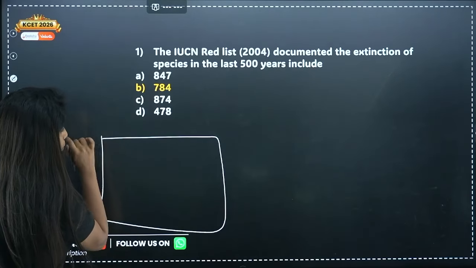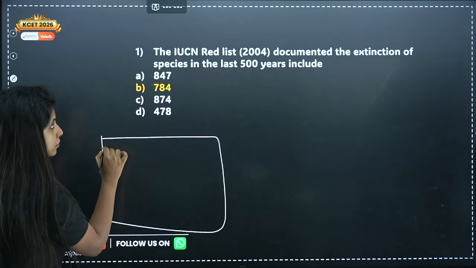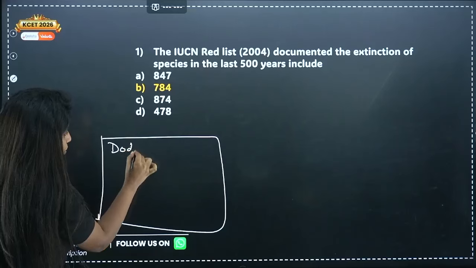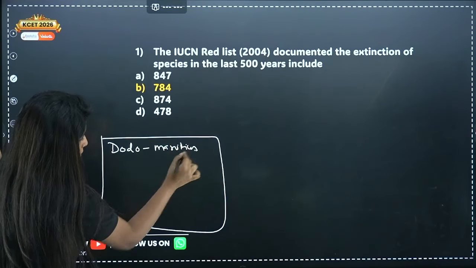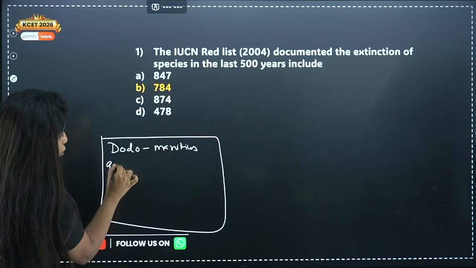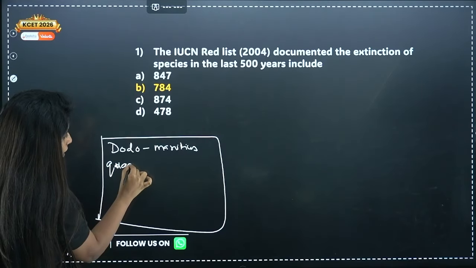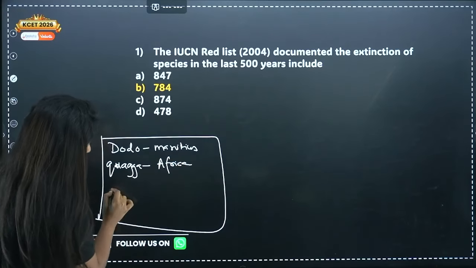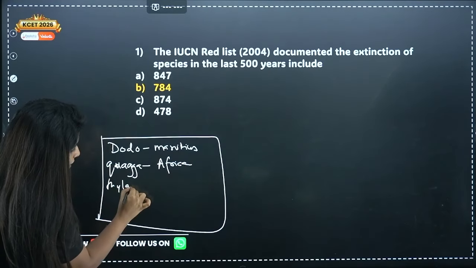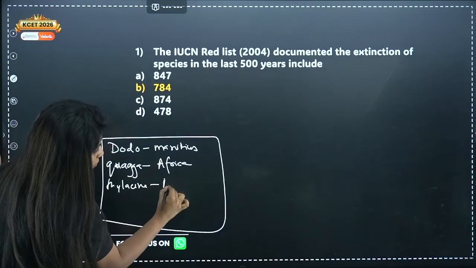So the first one is the dodo. Dodo is a bird. It was found in Mauritius. Mauritius, please remember. The second one that we have is the quagga. It was from Africa. Quagga, Africa. Then you had the thylacine. It is from Australia.